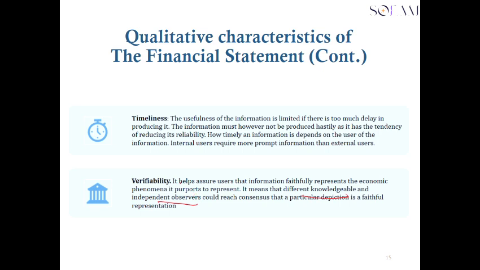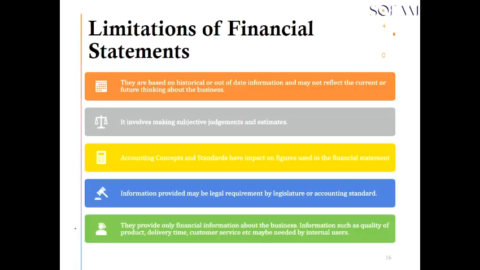If an external person comes and says that what is happening on the ground is different from what is on the financial statement, then your financial statement actually lacks what? Verifiability.